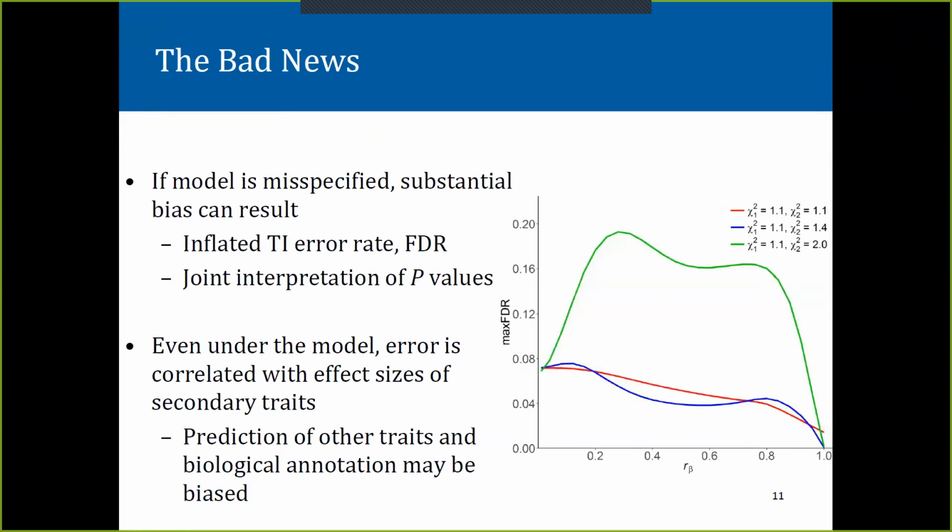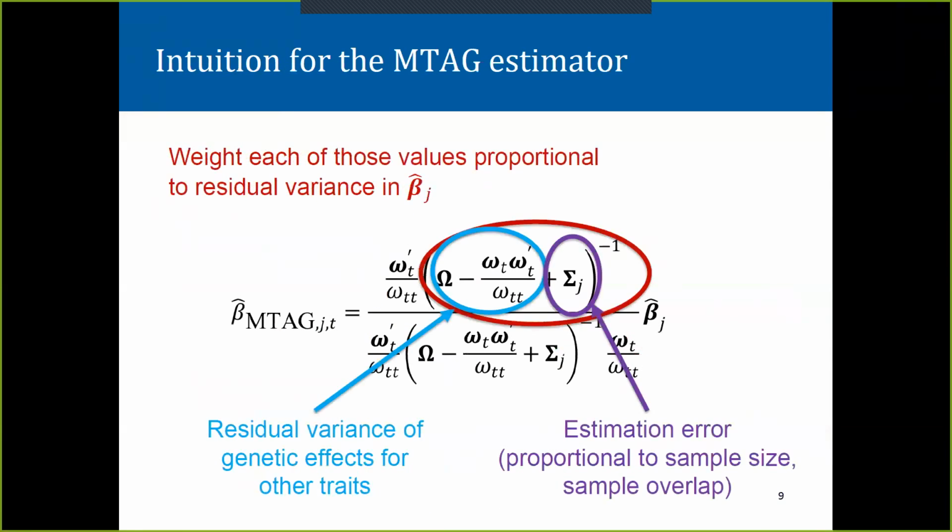And so we can just treat that as an independent variable, and it doesn't cause too many headaches. In this case, however, if you can recall from the formula for MTAG, I'm going to go back to slide 9 just so that we can look at that.